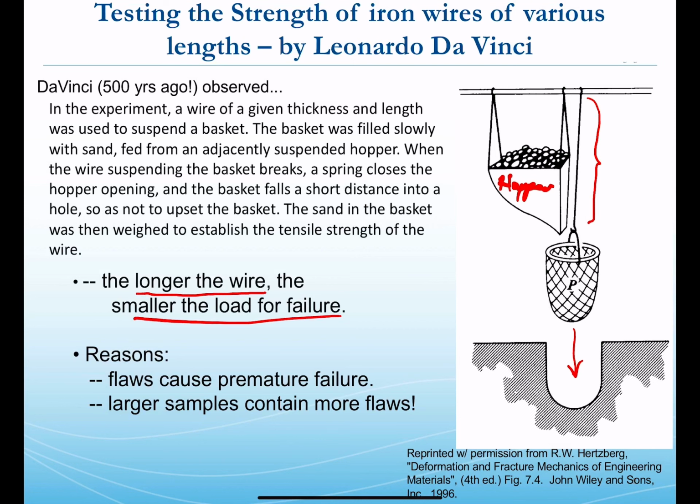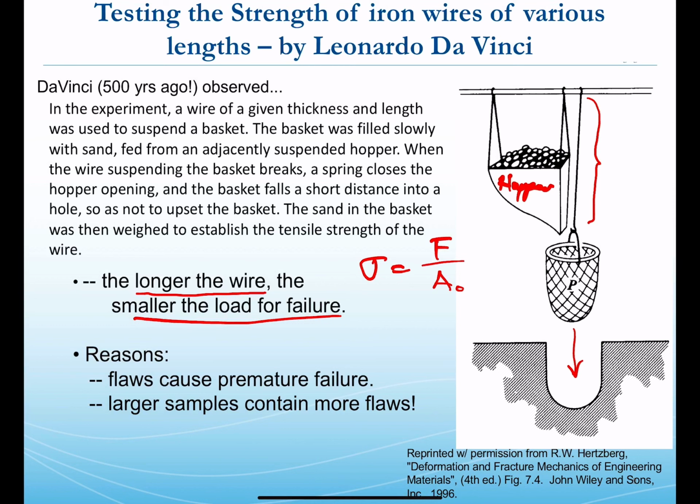And this, if you recall, goes against one of our ideal thoughts from chapter 6, that the stress value, sigma, was only dependent on the cross-sectional area of the material under no load. So the result here suggests that the longer the wire, the easier it is to fail the material.